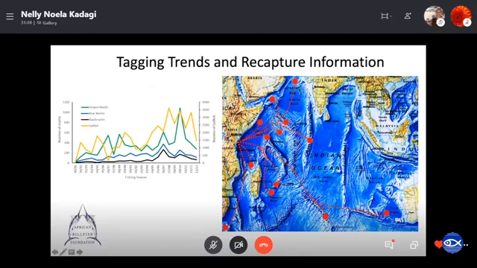And so over the 20 plus years of doing this work, we've had billfish recaptured in the Arabian Sea off the west coast of Australia. We've had some species recaptured down further south in South Africa. And as you can see in this diagram, these species are just playing all over the place.